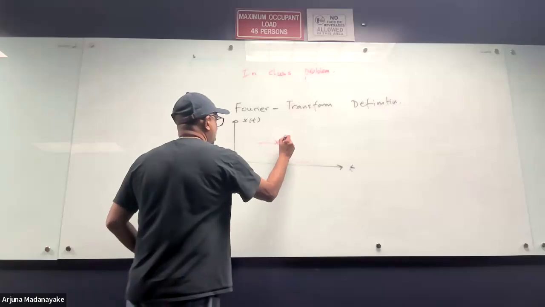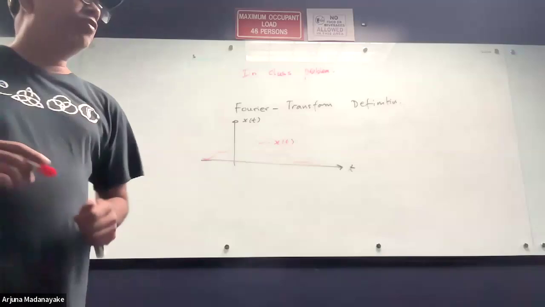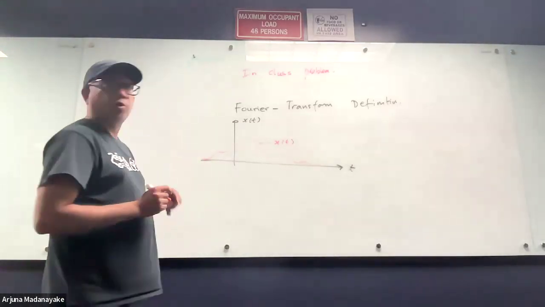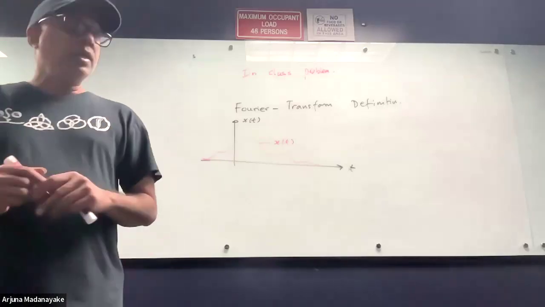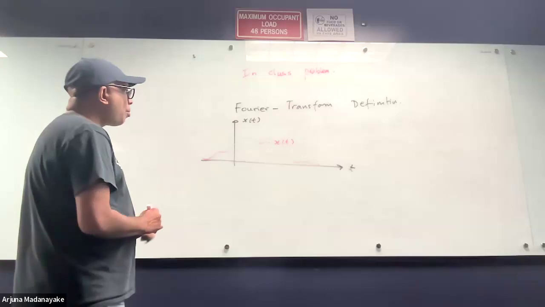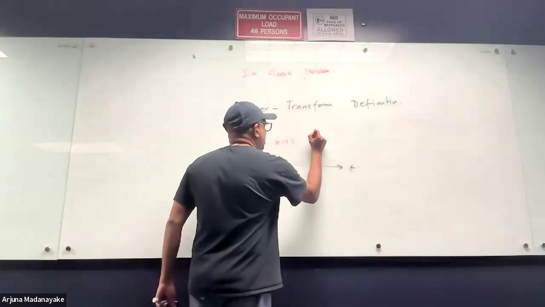This signal has to have some mathematical properties, which we will go through in future classes. But for now, think of this as a Fourier transformable signal, right? We are going to find something called a Fourier transform, so we can call it a finite energy signal.